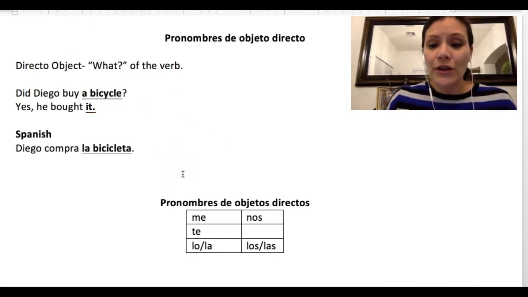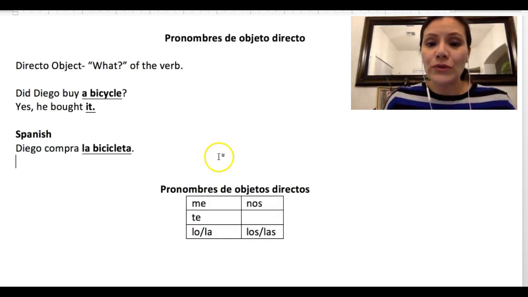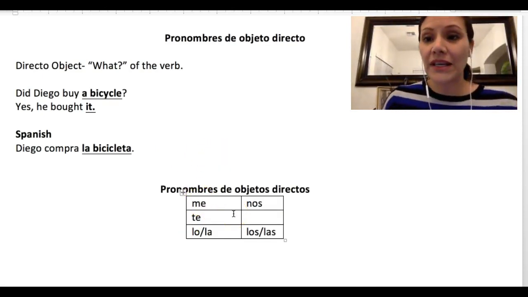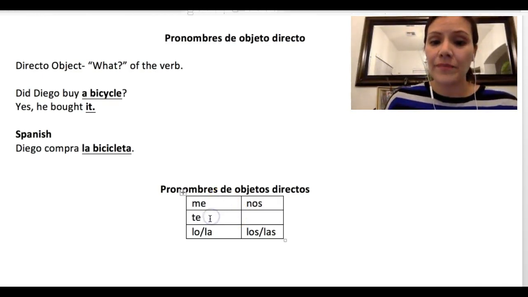Now in Spanish, we are going to use one of the direct object pronouns that you see in the box on your screen. You can use me, te, lo, la, nos, los, or las. La bicicleta is singular and it is feminine.